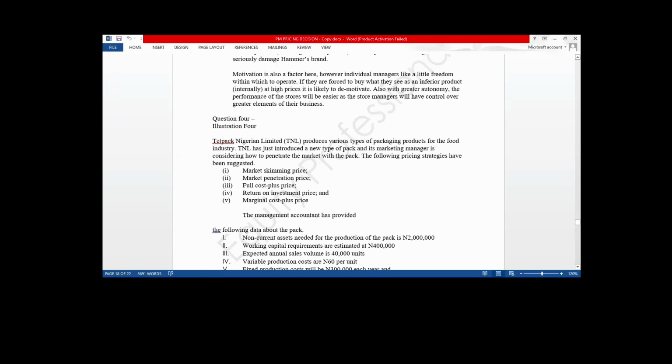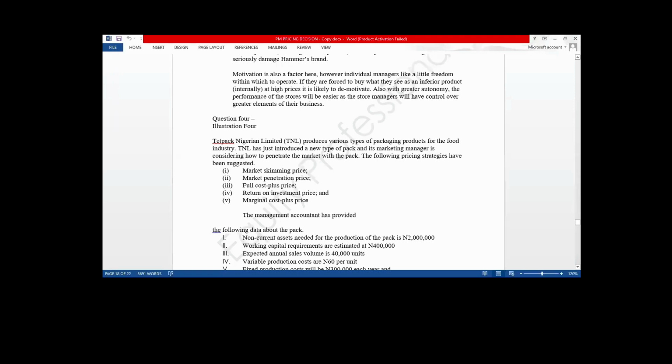TNL has just introduced a new type of pack, and its marketing manager is considering how to penetrate the market with the pack.